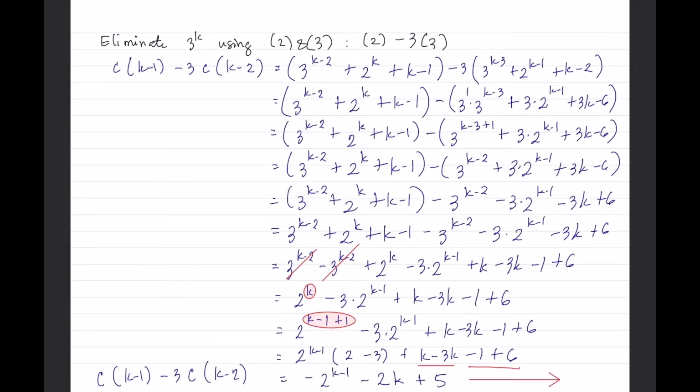So the next step is we will now have to eliminate the term 2 raised to k. So let us now eliminate the term 2 raised to k using equations 4 and 5.